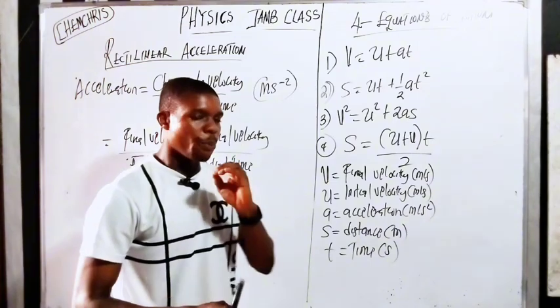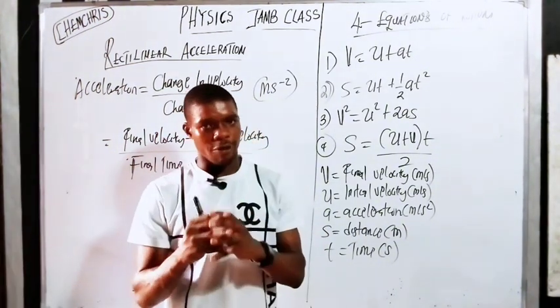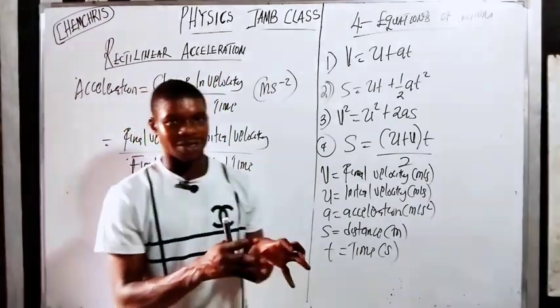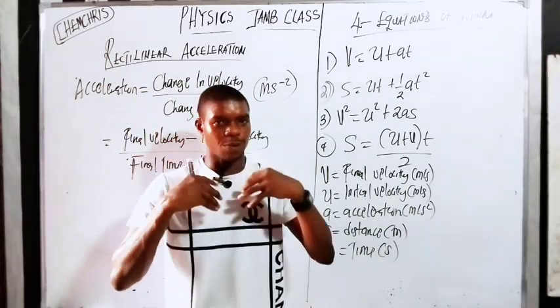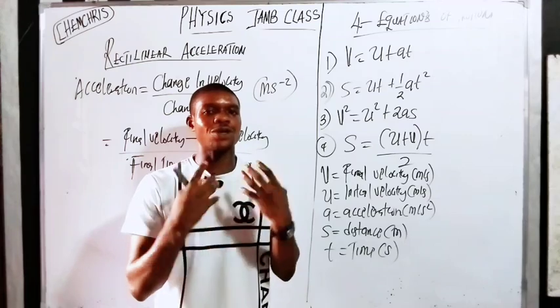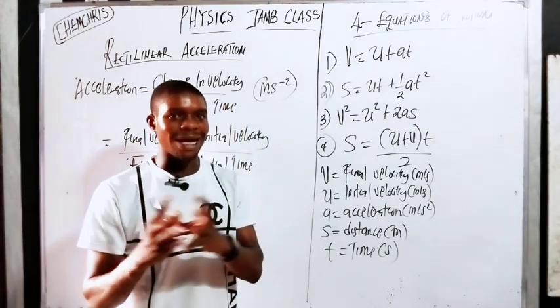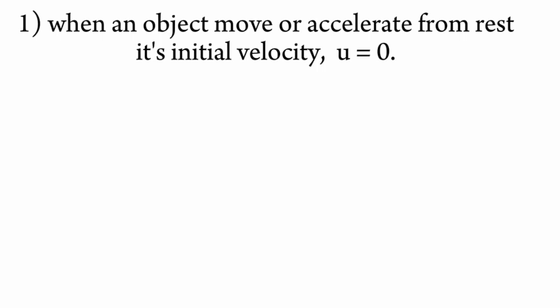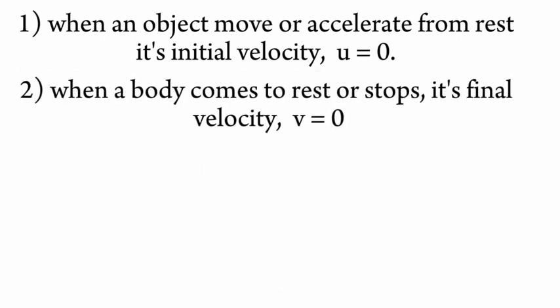So these are the equations of motion. But there are some important notes to take note of when you are using these formulas in solving problems. These are things you must consider when you are solving equations of motion. Number one, when an object moves or accelerates from rest, its initial velocity u is 0. Number two, when a body comes to rest or stops, its final velocity is 0.